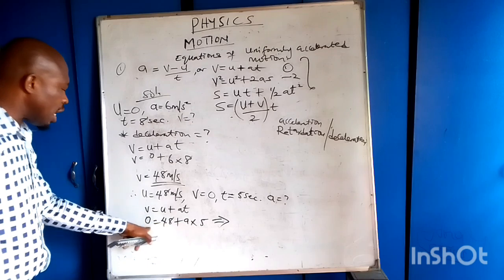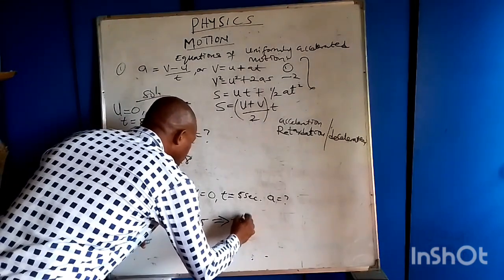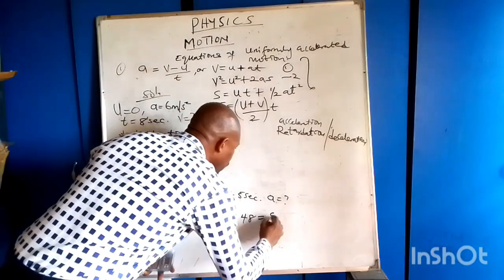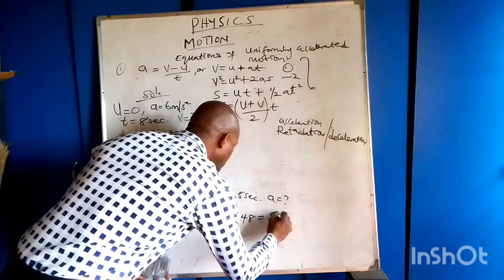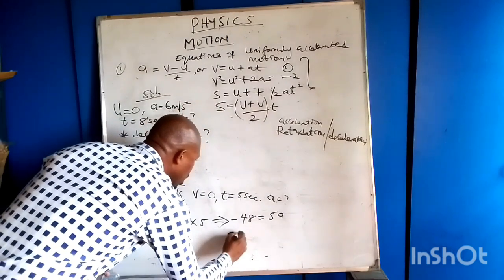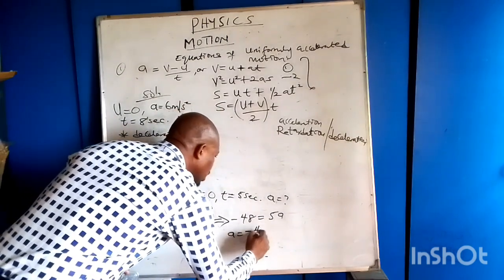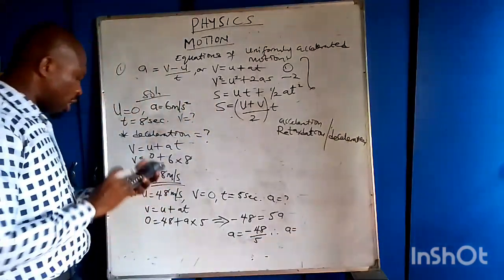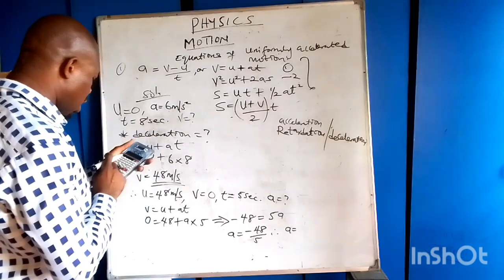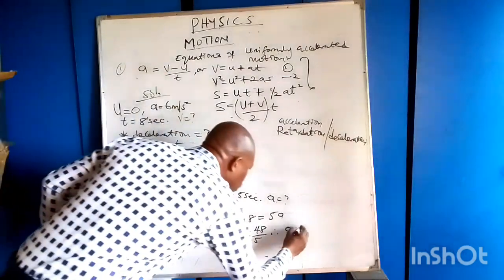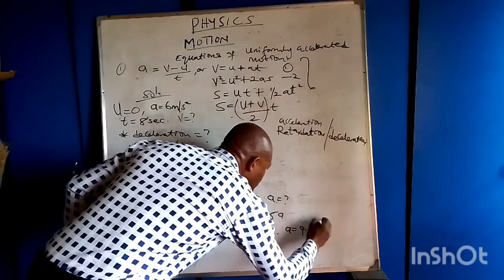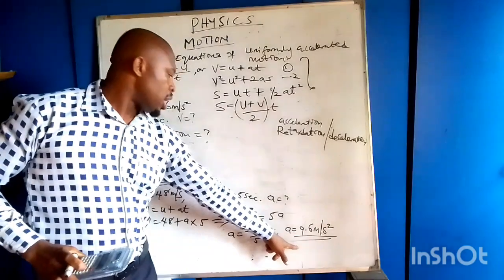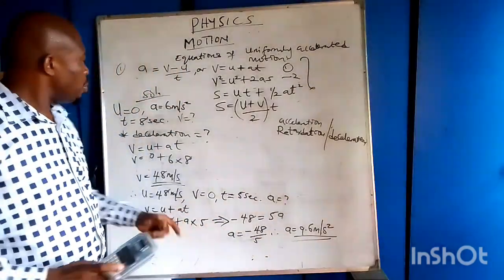If we send this 48 over, it becomes minus 48 is equal to 5A. Now, A will give us minus 48 over 5. Therefore, the deceleration, which is the negative acceleration, is 9.6 meters per second squared. So this is the value of the retardation of that body.